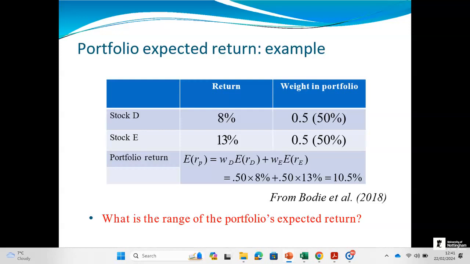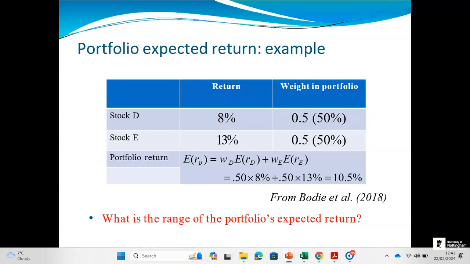How many portfolios can you create using these two assets? Give me any number. 99. Good. Anybody else? One. Okay, we have one already, right? Anybody else? One and 99. Anybody else?